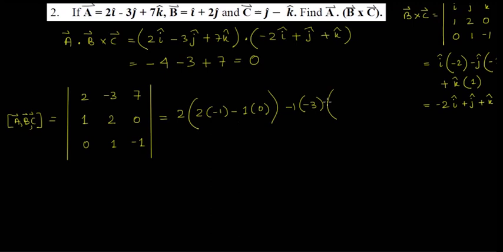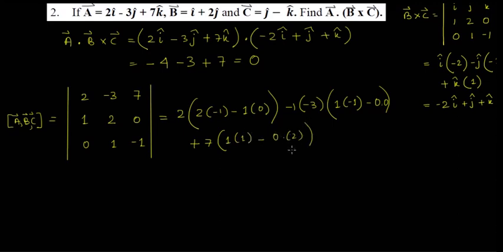Now let's do this. It says 2 times (2 into minus 1 minus 1 times 0), then minus 1 into minus 3 times (1 into minus 1 minus 0 times 0), then plus 7 times (1 into 1 minus 0).